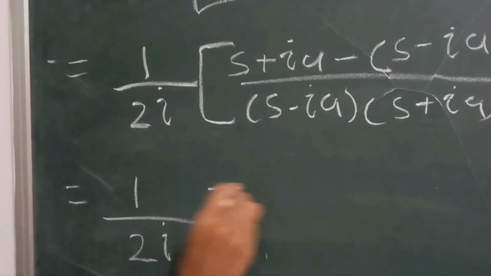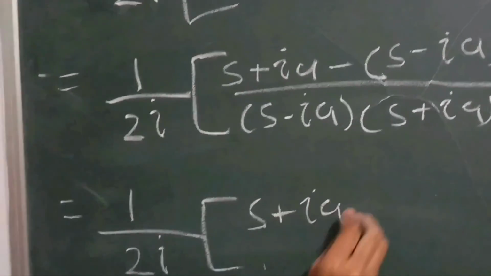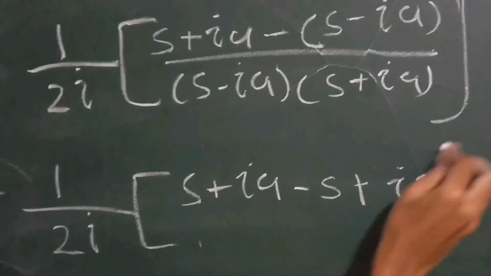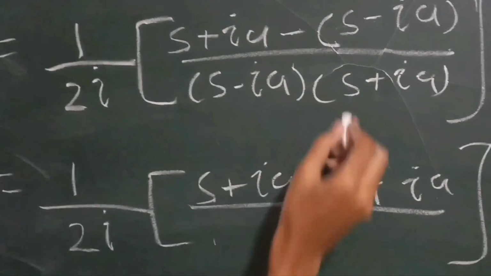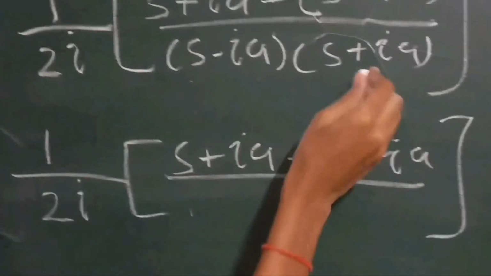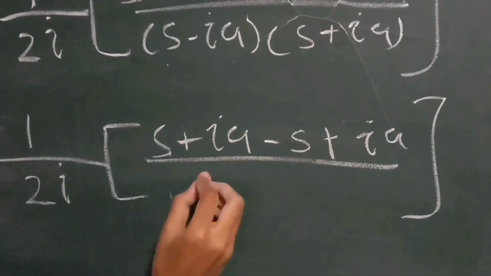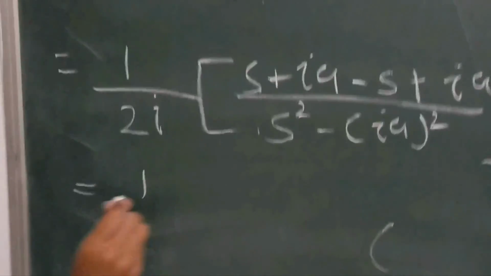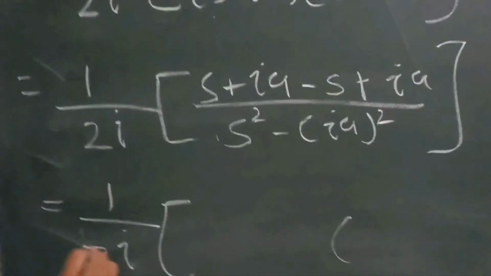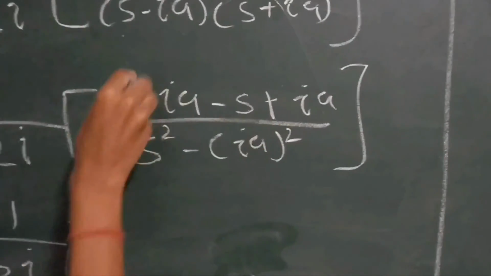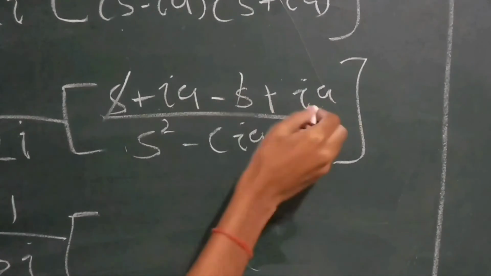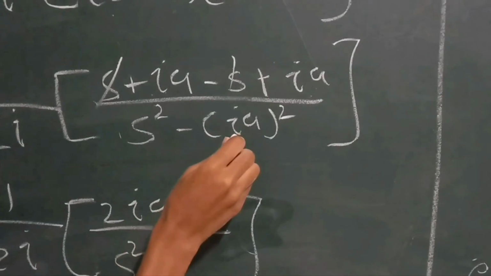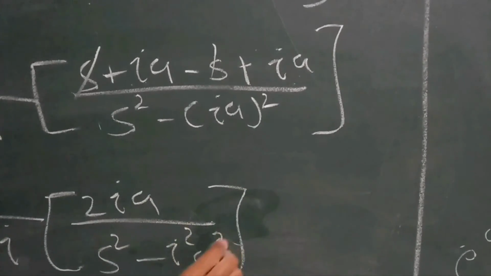So 1 upon 2i times s plus ia minus s minus minus, plus ia, by, we know that a minus b into a plus b is equal to a square minus b square. So 1 upon 2i, s minus s cancel out, ia plus ia is 2ia upon s square minus i square a square.